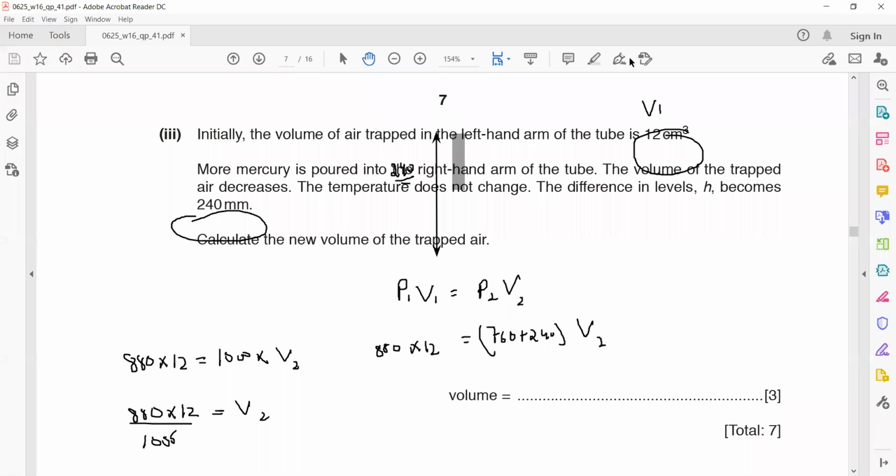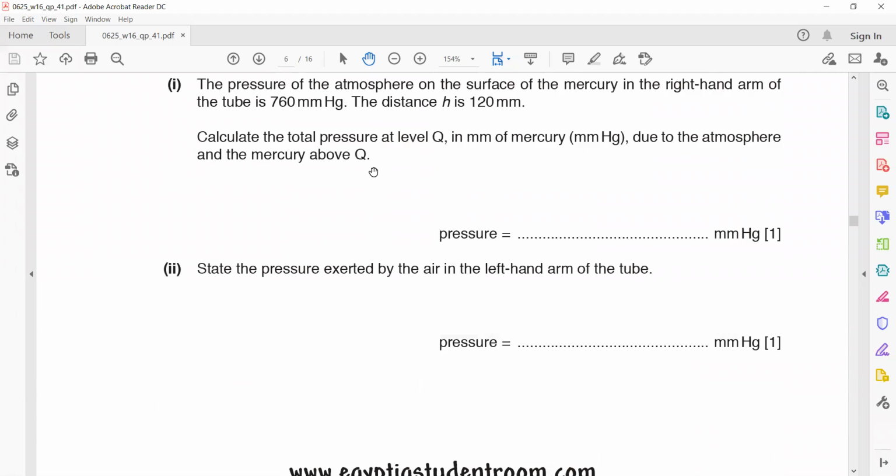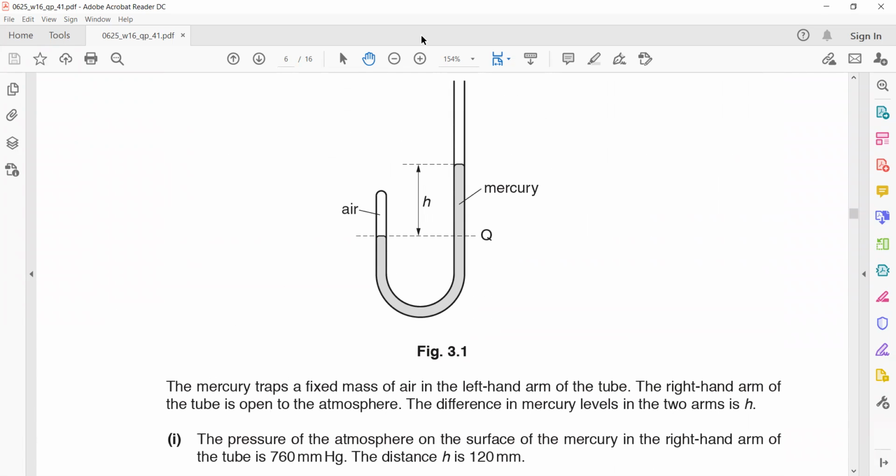Why are we adding? Because the volume of the air at this point, initially, is 12 cm³. That's the starting point. And the pressure on this, as we worked out, was 120 and 760, so 880.